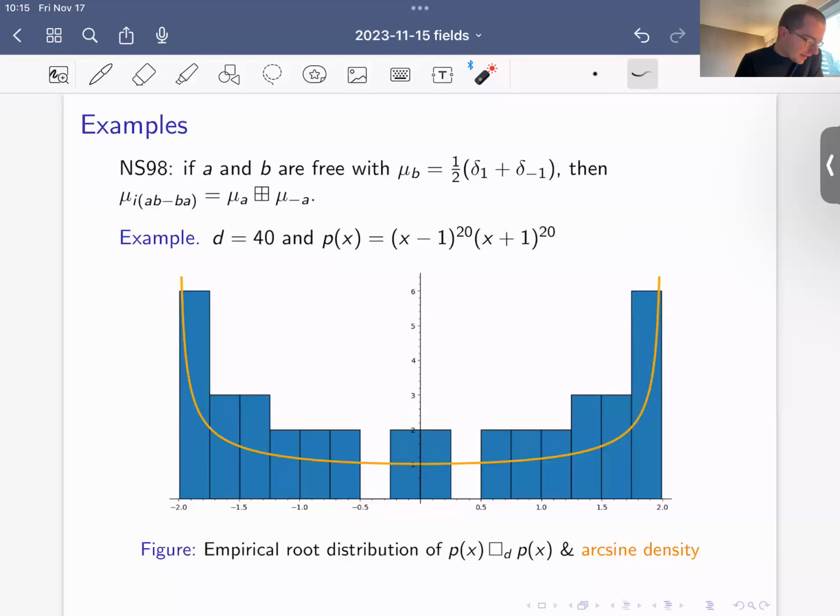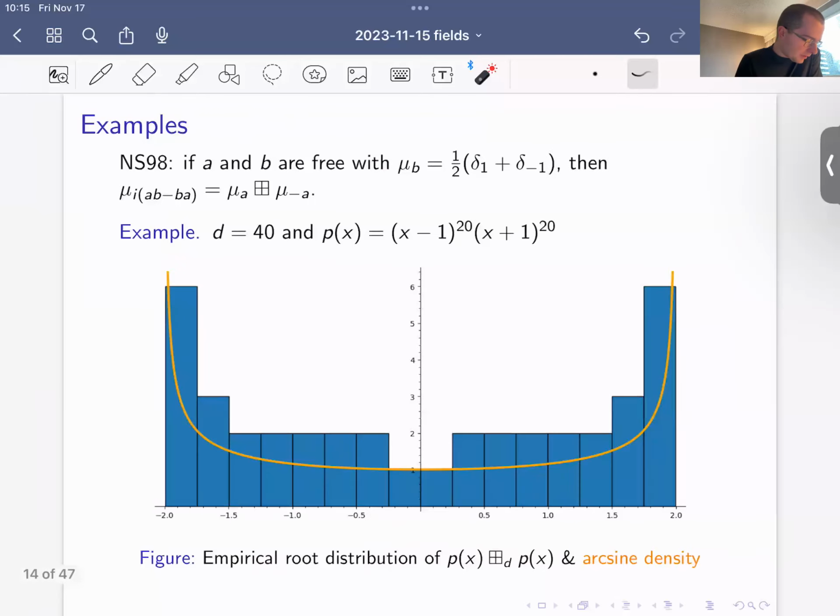And then also on the other side, if you do this in finite free probability, so this is like taking P box plus P, box plus D with P, then you get a slightly different set of roots, but they do have essentially the same distribution, right?